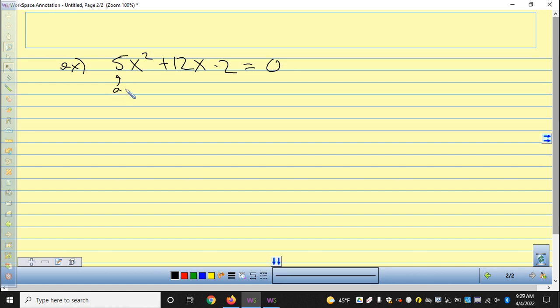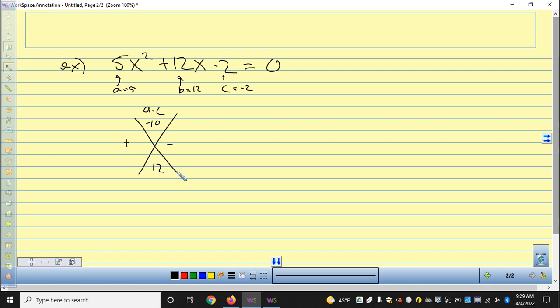I would say A is 5, B is 12, and C is negative 2. And if we tried to factor, we would do something like this. A times C is negative 10. And here we put positive 12. And in order to get a negative, when we multiply, I have to have a plus and a minus.